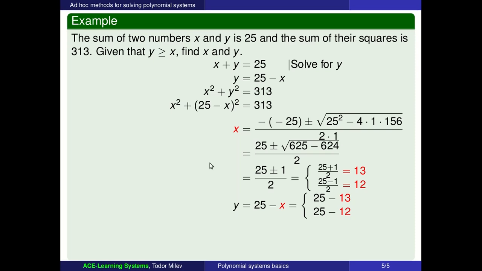Because x is equal to either 13 or 12, which means that I have to replace x with either 13 or 12. So I get that y is equal to either 12 or 13, but in the opposite order. So when x is 13, y is 12, and when x is 12, y is 13.